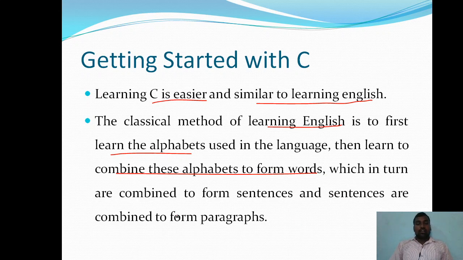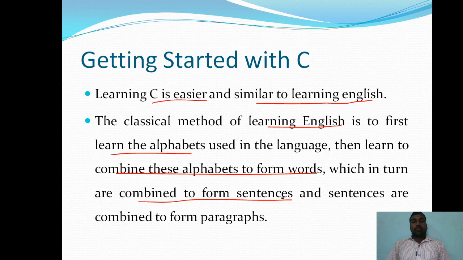Then these words are combined to form several sentences. While forming these sentences, we follow some grammatical rules, like present, past and future tenses, different kinds of tenses. By following those rules, we form the sentences.